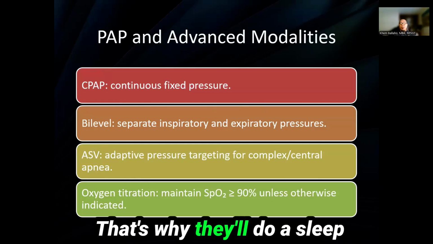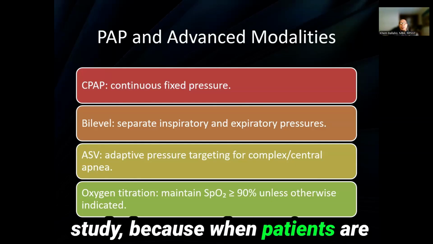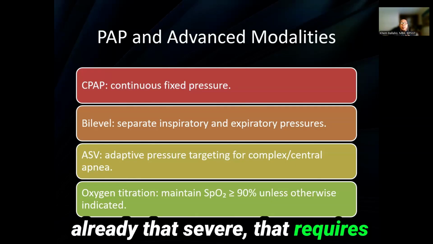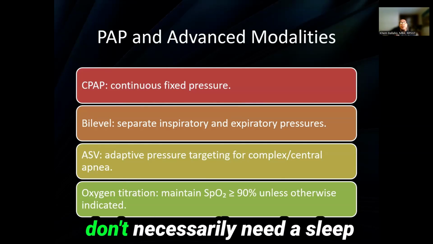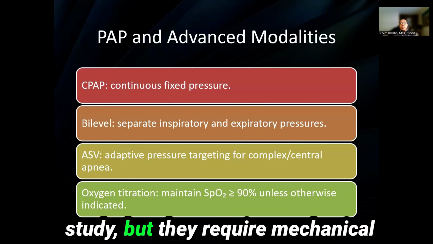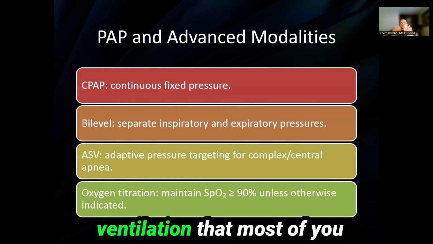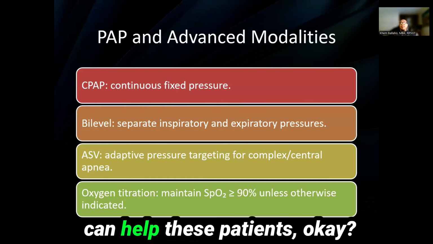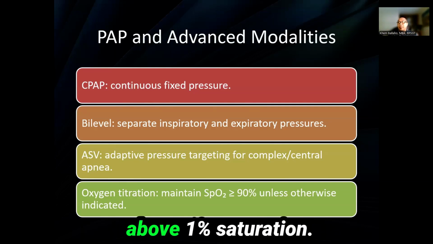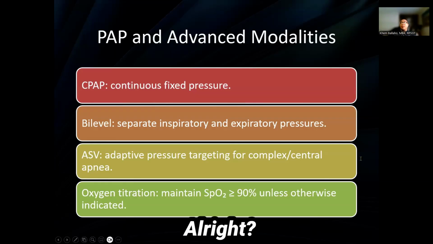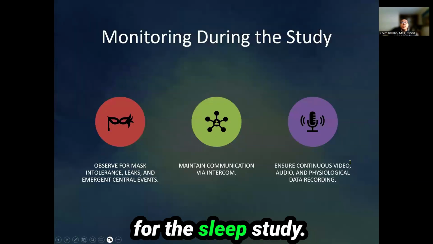That's why they'll do a sleep study, because when patients are already that severe that they require higher O2 titrations, then they don't necessarily need a sleep study, but they require mechanical ventilation that most of you can help these patients with. Okay. And the main goal is for these patients to have above 90% saturation.